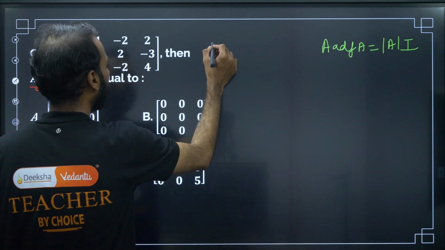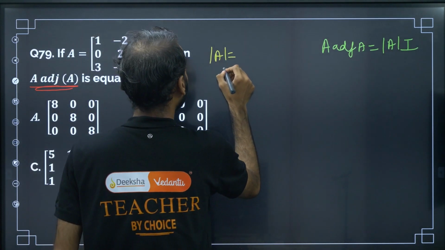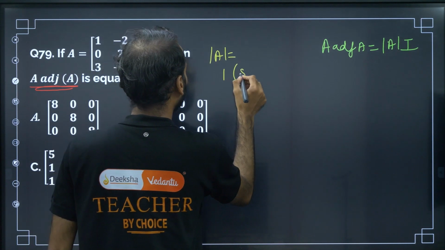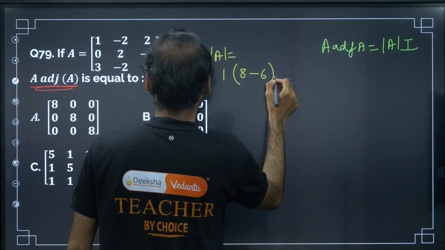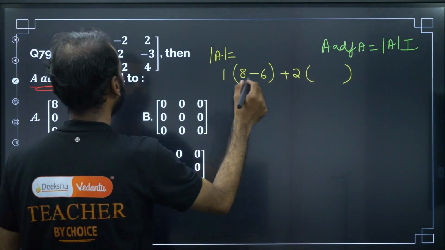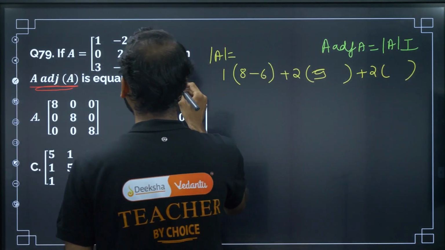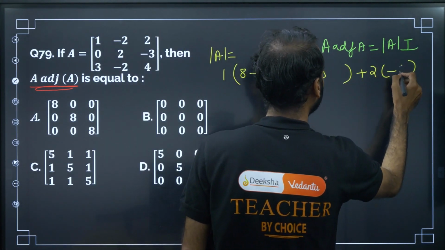So let me find determinant of A. Determinant of A is equal to 1 1 2, 4 are 8 minus 6 plus 2, 0, 9 plus 2, 0 minus 6.